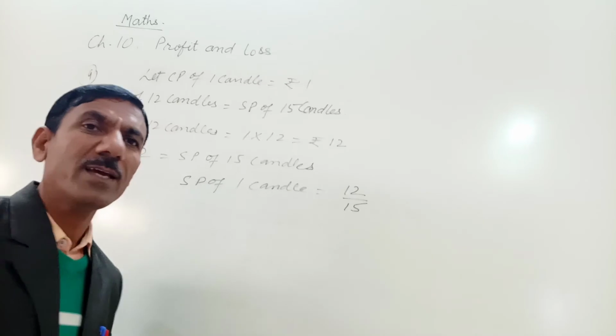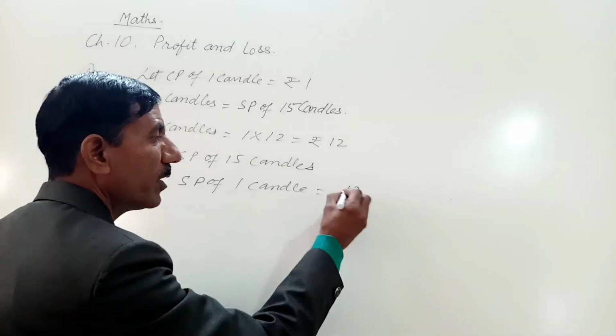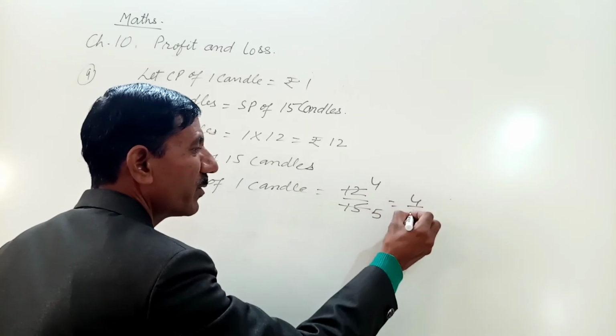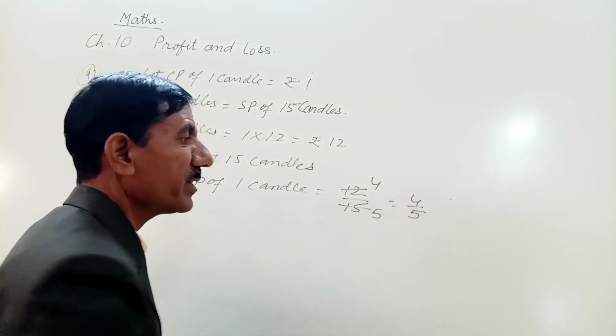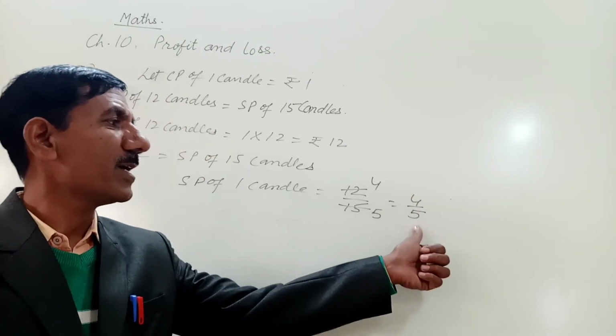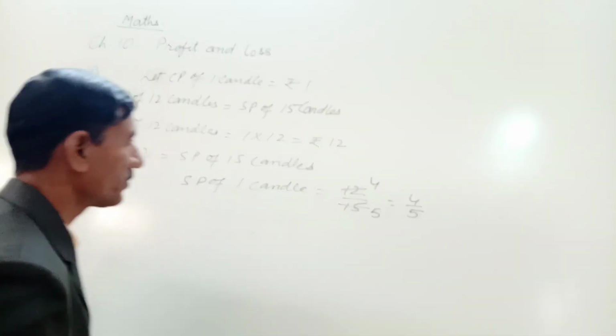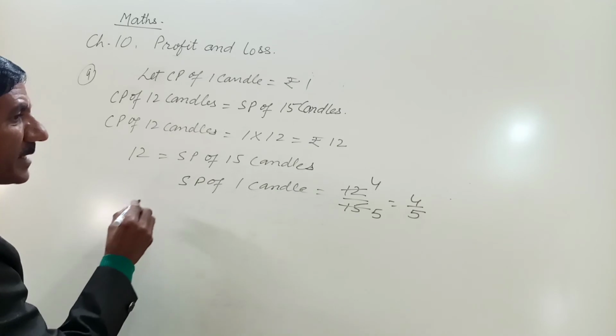Both are multiples of 3, so we get 4 upon 5. This is a proper fraction, and 4 is less than 5, so we get loss on this transaction.